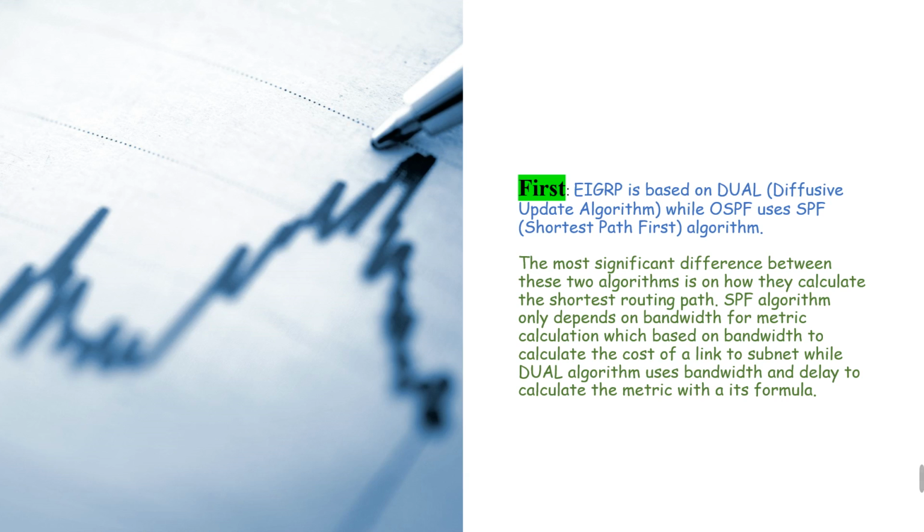Further in this video, I will show you one scenario in Packet Tracer or other simulations with more about these differences, and I can go into more details about these two routing protocols and each option.